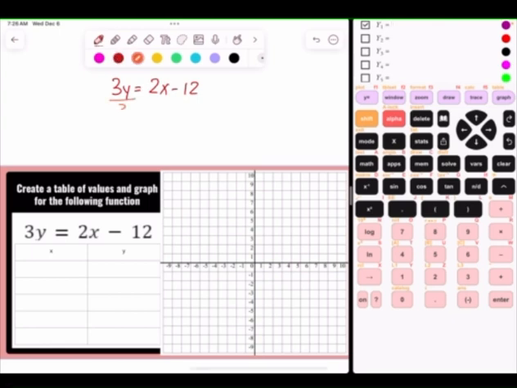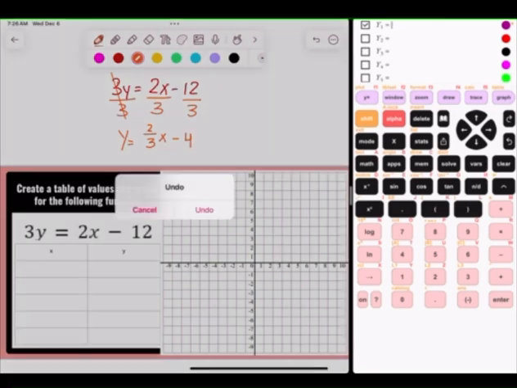To get rid of the 3, we are going to divide all the numbers on the left and the right side by 3. That will help us on the left side get rid of the 3, so we will be left with y equals 2 over 3x, and then negative 12 divided by 3 is negative 4. That is now in y equals mx plus b form.